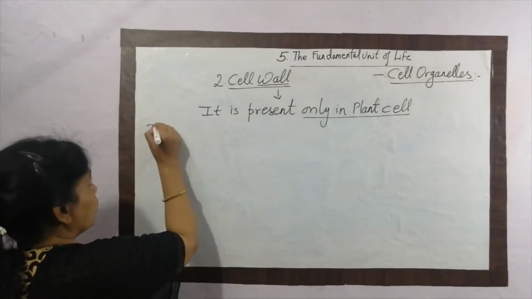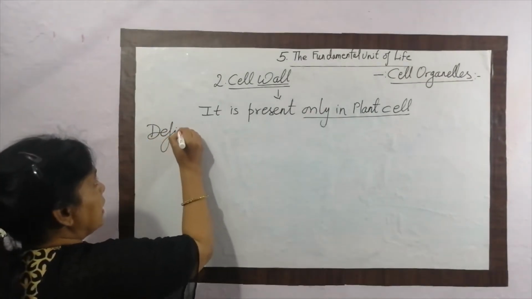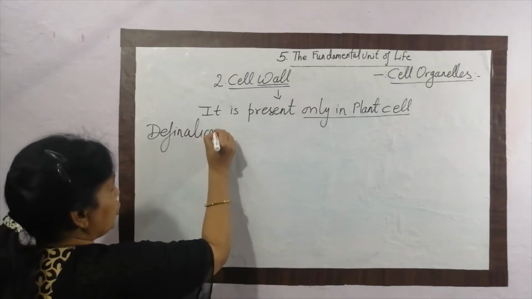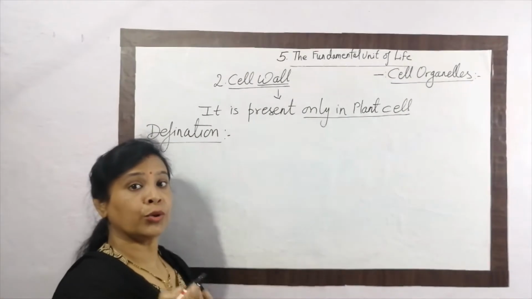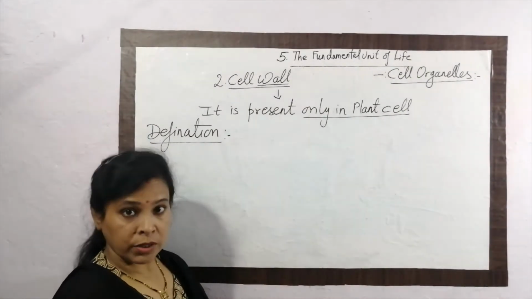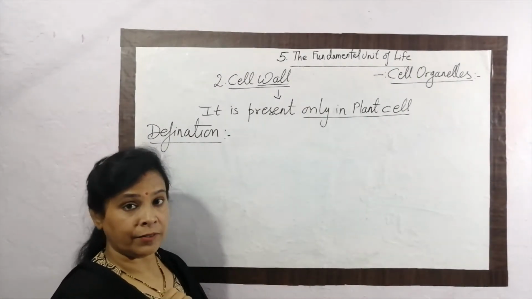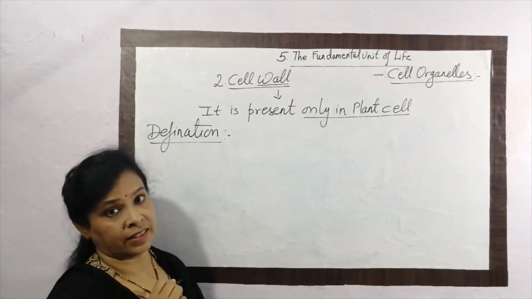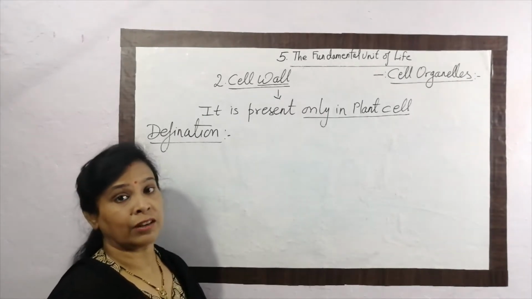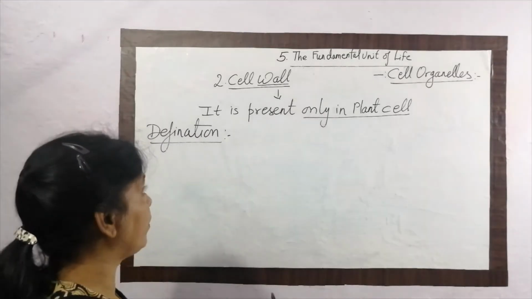Now how could we define the cell wall? First is the definition of cell wall. What is cell wall? I just told you, what is the role of the wall? It is outermost, first thing. It is protective, second thing. It is rigid, that is hard, the third thing. So that is the nature of cell wall also. So how can we define it?